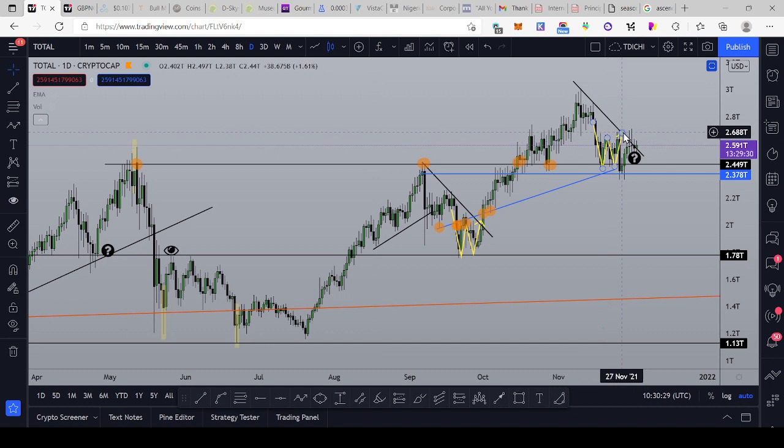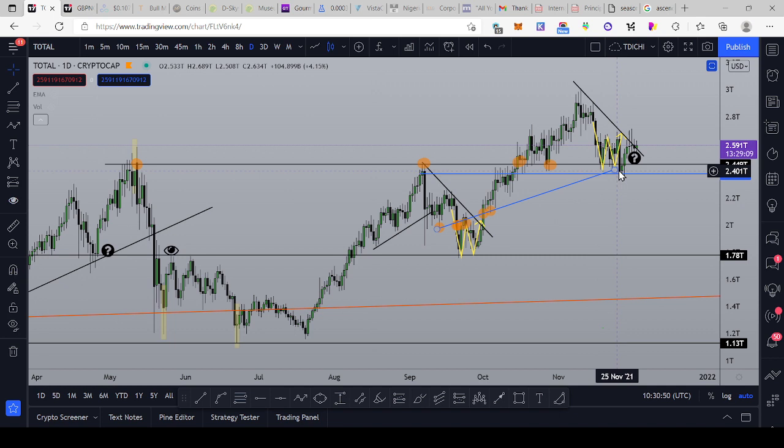I was saying in my mind, oh my god, this got rejected, it's not good. But anyways, like we talked about in the second overview video, this level is very important, and it came down and has really failed to break down here.